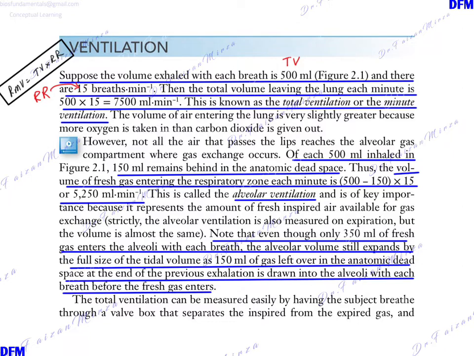Total ventilation per minute can be calculated by simply multiplying the respiratory rate and tidal volume, 500 times 15, and we get 7500 ml per minute. But this is not exactly the case, because exactly 500 is not going. We have to subtract 150 which stays in the anatomic dead space, and the answer, which is 350 ml, is what's going into the alveolar ventilation.